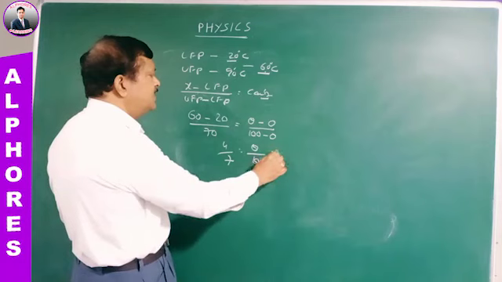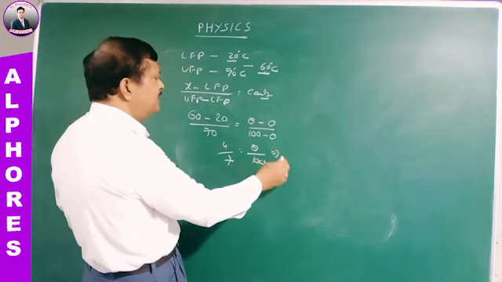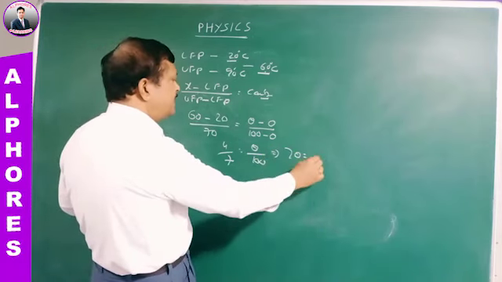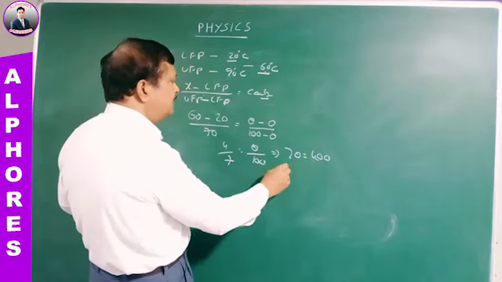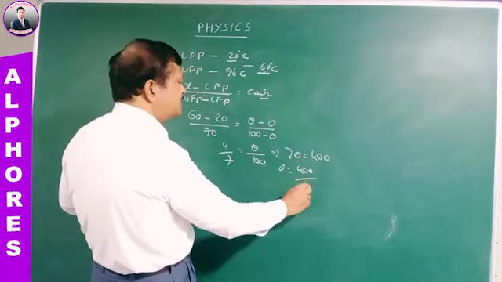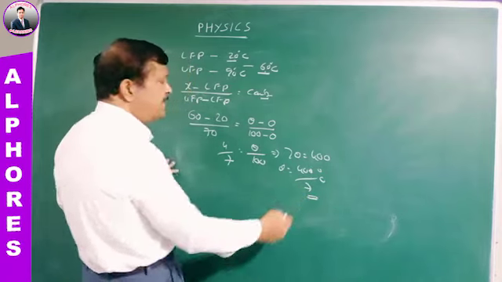So we can find out the correct value of theta from the equation that 7 theta equal to 400 or theta equal to 400 by 7 degrees centigrade, which we can measure accurately.